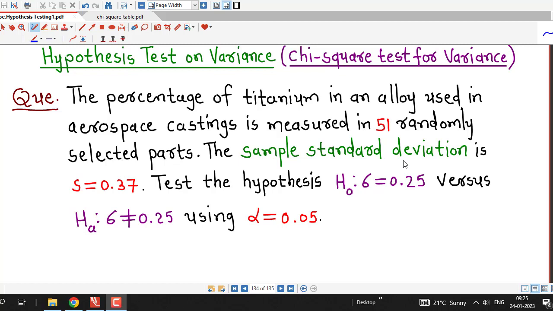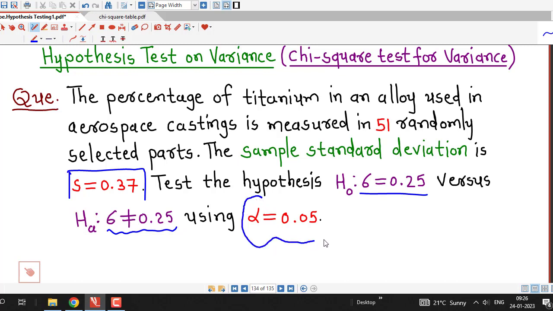The sample standard deviation is S equal to 0.37. Test the hypothesis H0: population standard deviation equal to 0.25 versus the alternative hypothesis that population standard deviation is not equal to 0.25, using 0.05 level of significance.